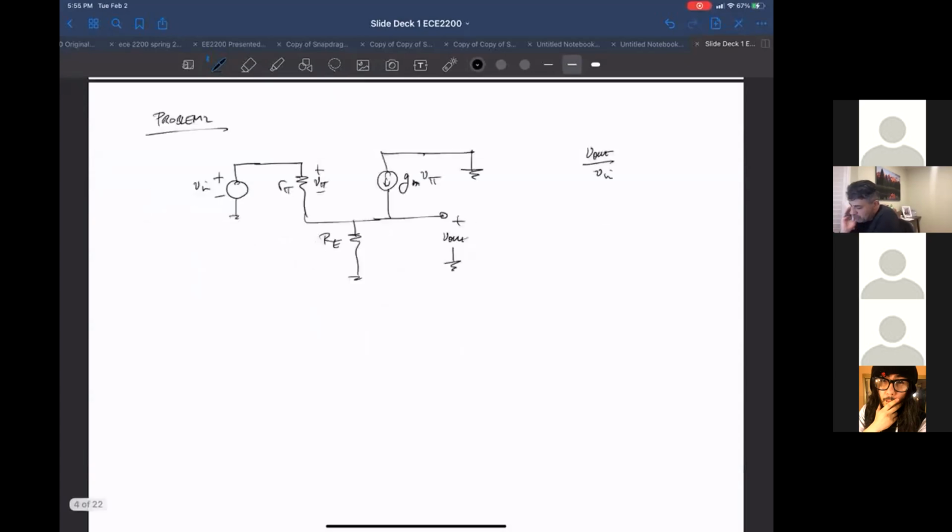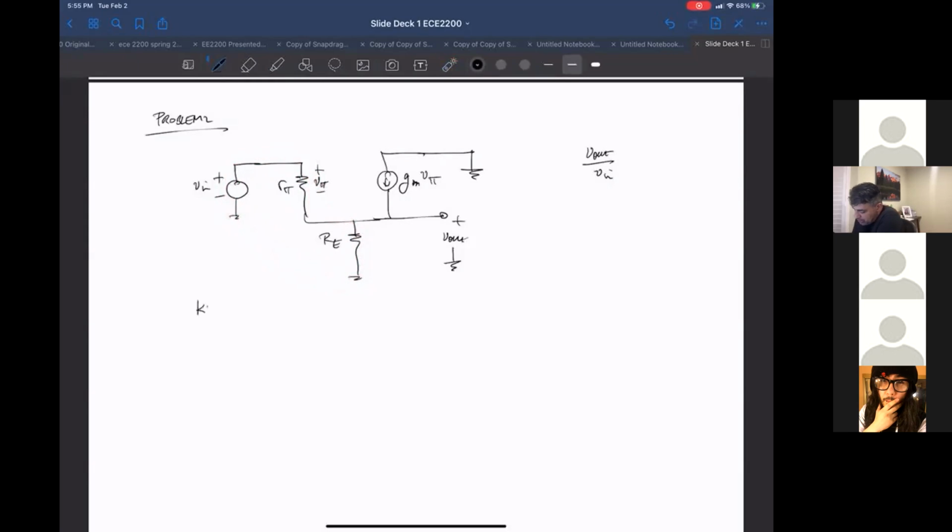So the first thing to do is, again, Kirchhoff's voltage law, and both of these are ground, meaning they're connected together. That means we can do a Kirchhoff's voltage law around this node, essentially: V in, V sub pi, and V out.